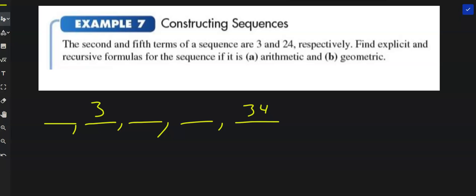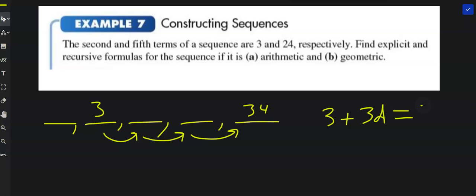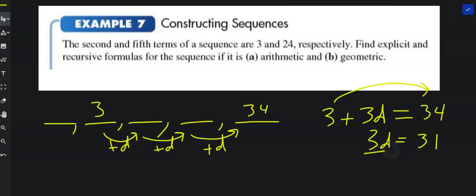Okay, so if we're doing this with arithmetic, how many times are we adding d to get to 24? Starting with 3, we're adding 3 d's, right? 1D, 2Ds, 3Ds. So then we can solve this and get 3D equals 21.